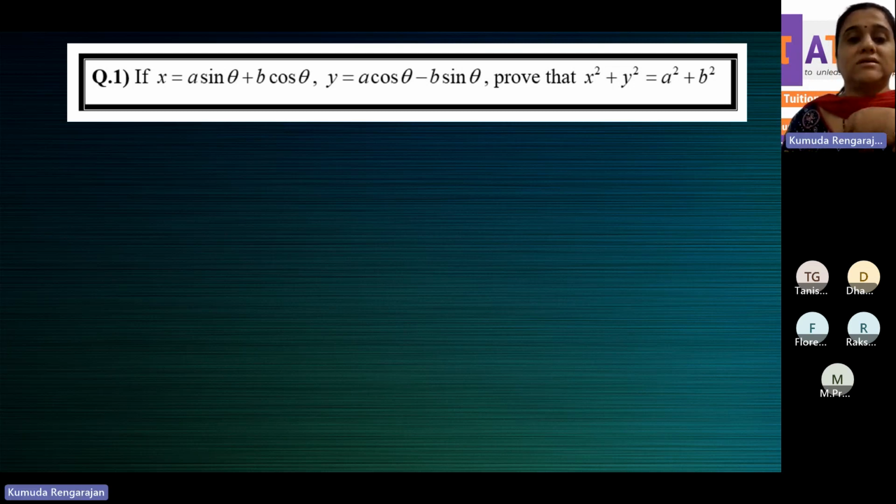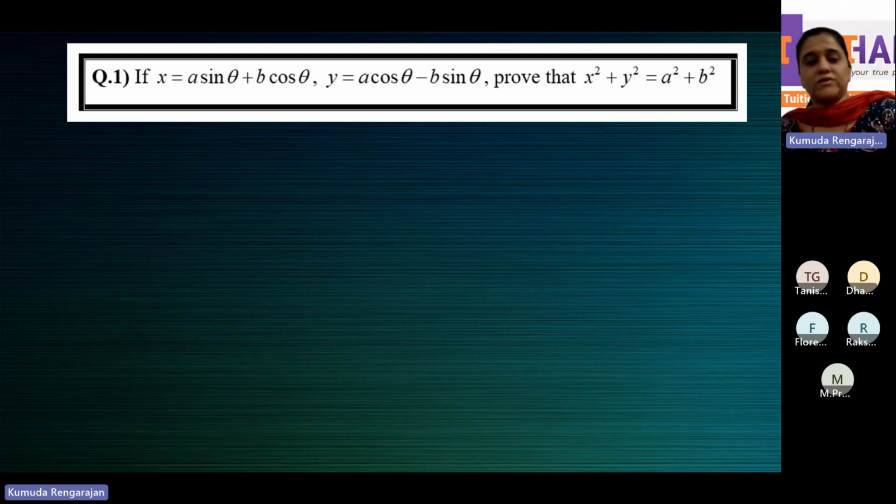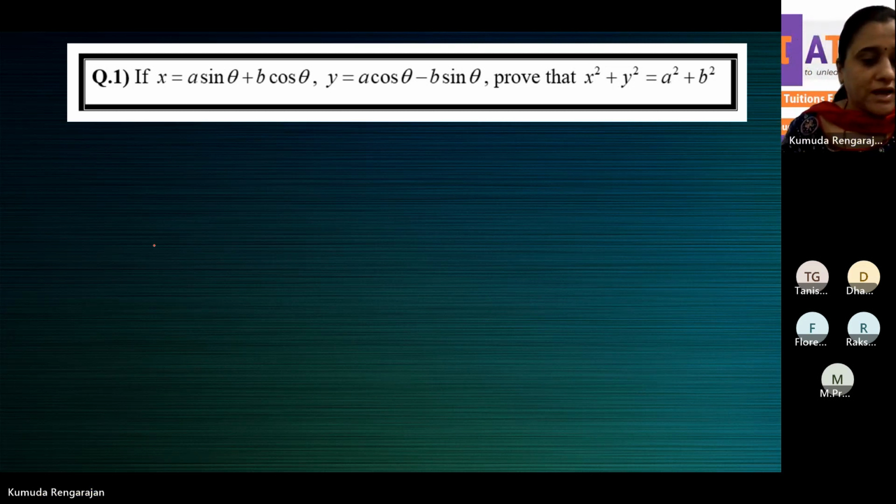If x is equal to a sine theta plus b cos theta, so we are given an expression for x and y.